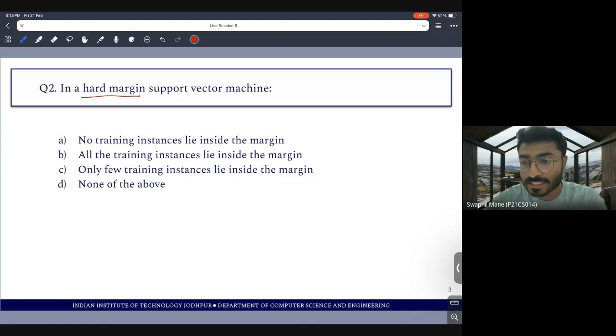Whatever explanation we have seen this week is for binary classification, and the SVM actually works for both regression and classification tasks.